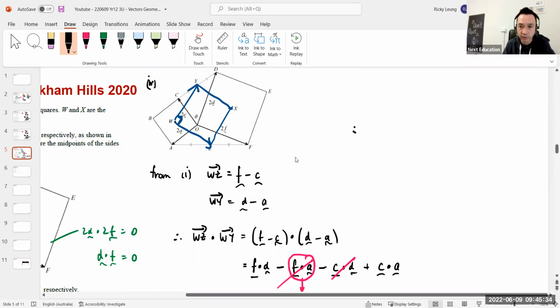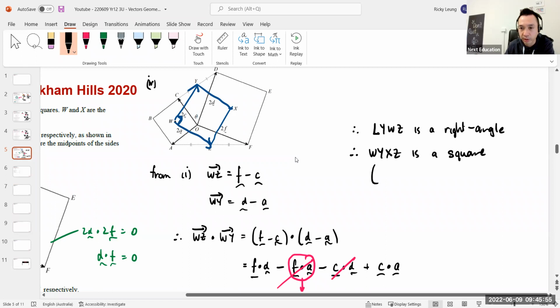Therefore, angle YWZ is a right angle, because the dot product is 0. Therefore, WYXZ is a square, because it is a parallelogram with a right angle.